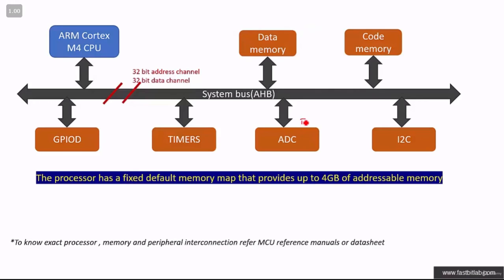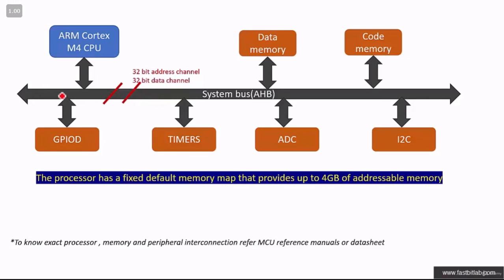Let's say ADC has some data and it wants the processor to fetch that data and store it into the data memory. How do you think the processor communicates to the ADC? Of course, it communicates with the ADC through some bus interfaces.